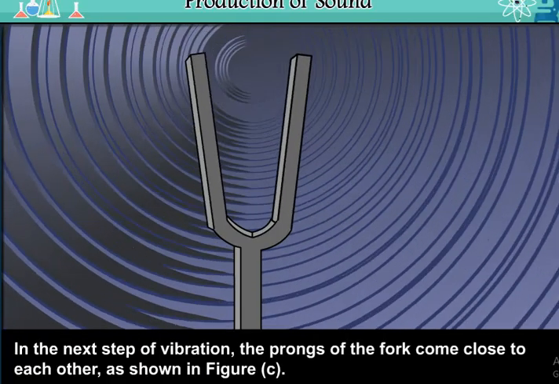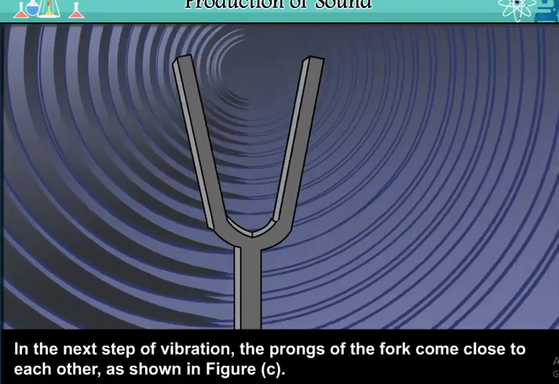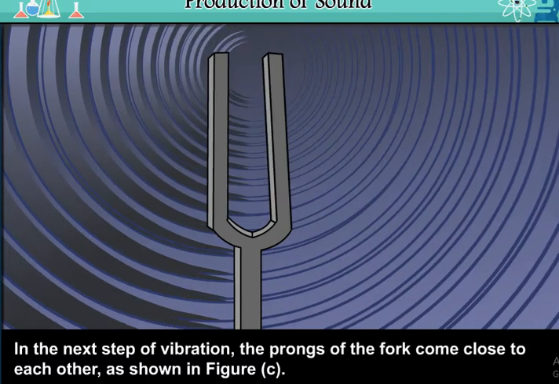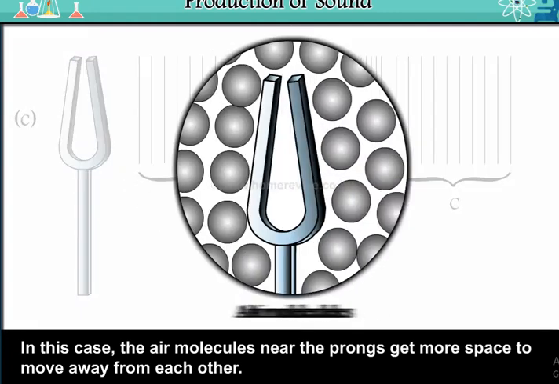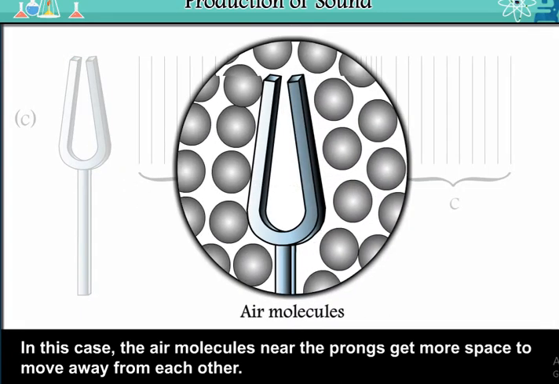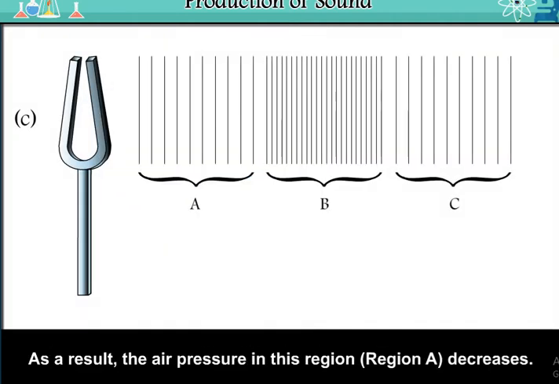In the next step of vibration, the prongs of the fork come close to each other as shown in figure C. In this case, the air molecules near the prongs get more space to move away from each other. As a result, the air pressure in this region, region A, decreases.